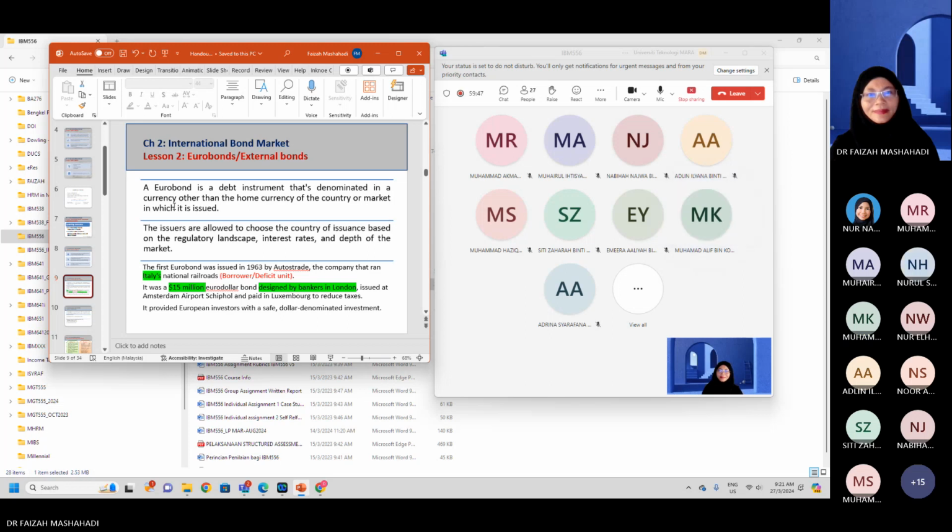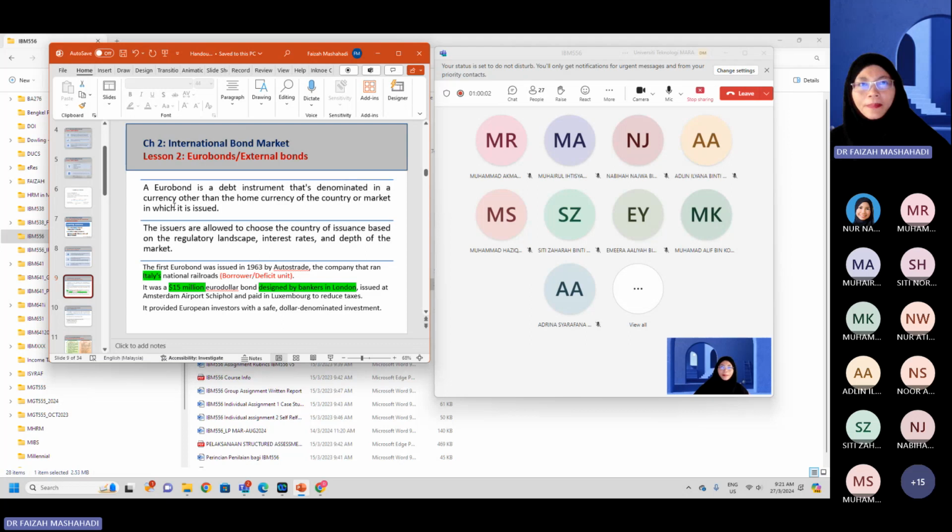Before we go to Eurobonds, they use home country currency. Meaning to say, what is the home country currency? Can you please be specific? They're using RM. So Proton issues bonds denominated in RM, in which market? In Malaysia. That one is an international bond.